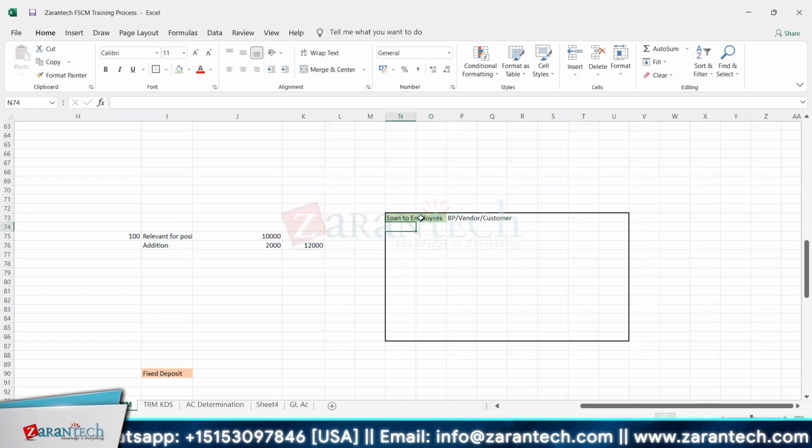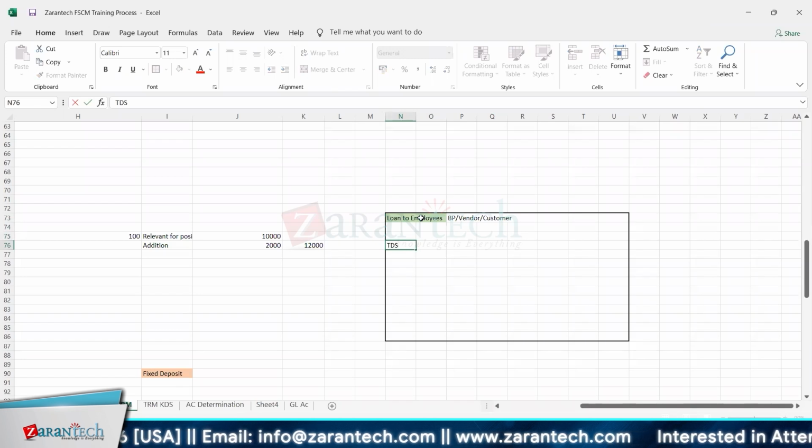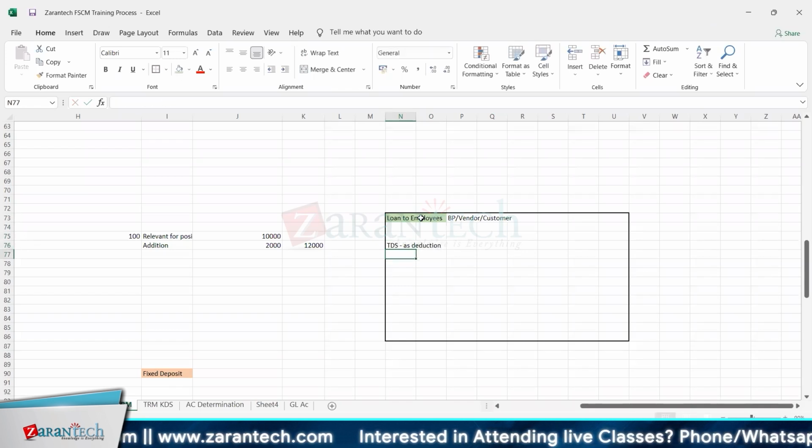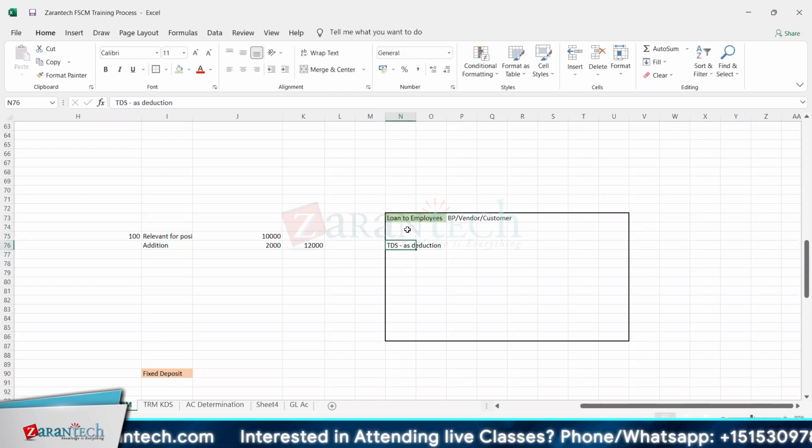Second, wherever you have TDS as a deduction, you deduct withholding tax on any of the treasury transaction, and you want a consolidated finance report.